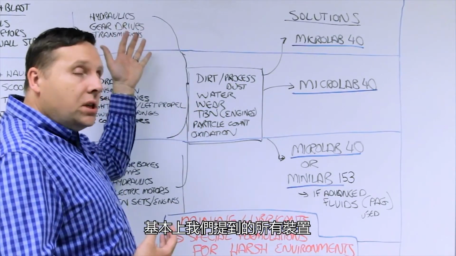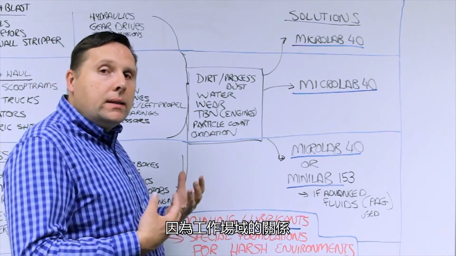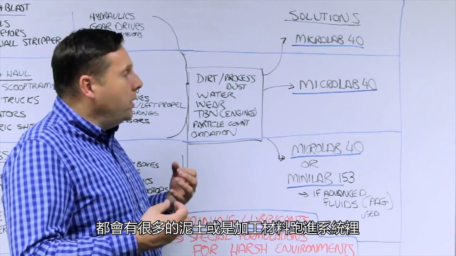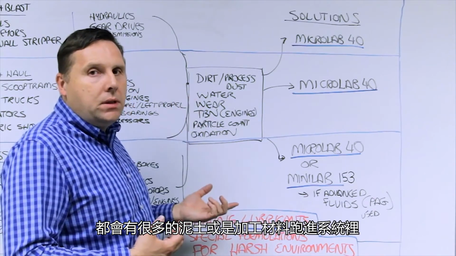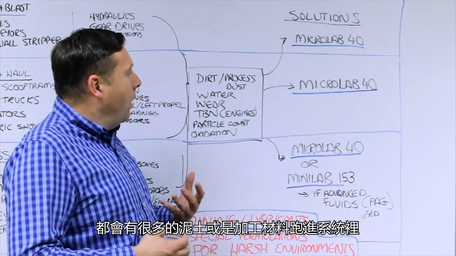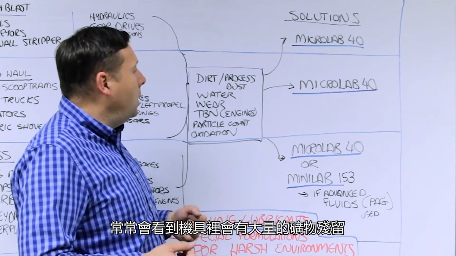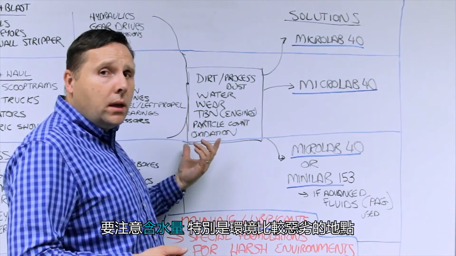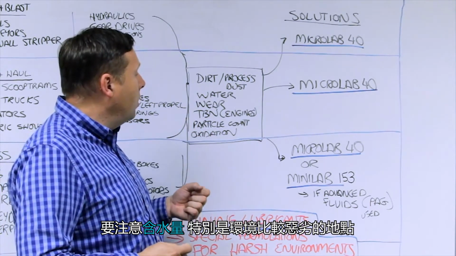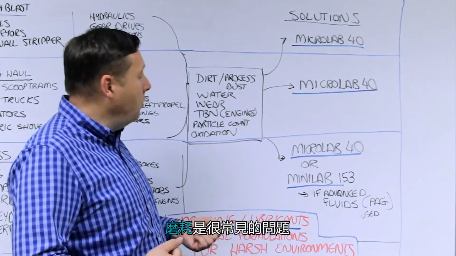Well, almost in all the equipment we described, because of the environment that we're in, you're going to get a lot of dirt and processed material present in the system. We often see a lot of equipment with a lot of the ore showing up on some of the on-site equipment. You'll see water content if it's in rough areas of the world. Wear is a constant issue.